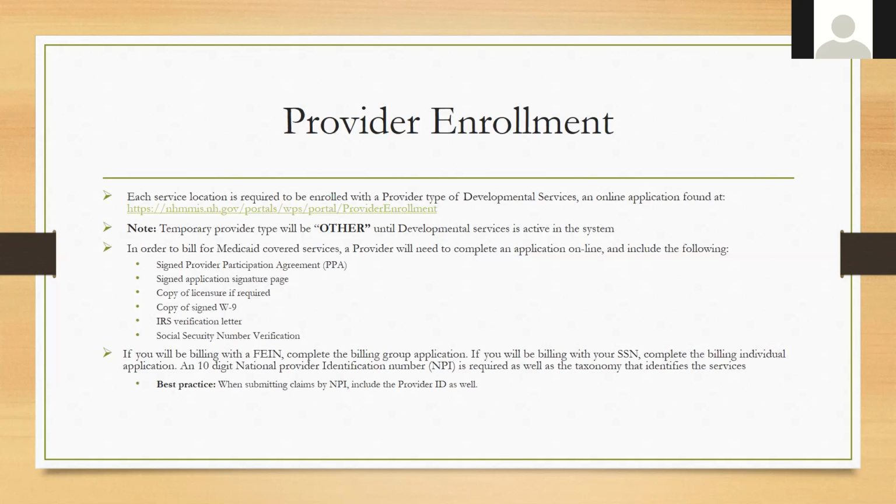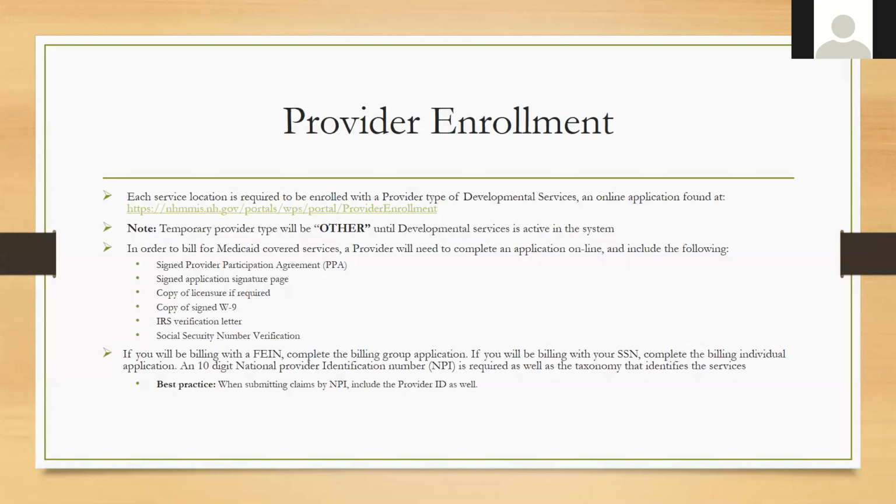Now, I came up with a sample for that. If you have someone doing an environmental modification and they are a sole individual that you are engaging in an agreement with to provide a service for one of your Medicaid recipients, they may only have a Social Security number because they don't have a group FEIN, a tax ID.